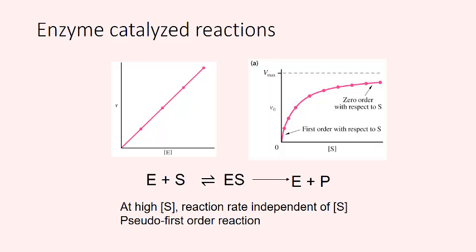Because you reach a point where at any given point in time, all of your enzyme is bound to substrate. And then once the substrate gets turned over, the next substrate just hops right in. So you're effectively never seeing enzyme alone. And that's what happens when you reach the top part, or the Vmax, of the saturation curve.